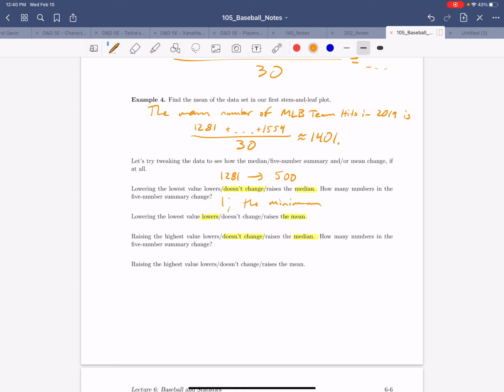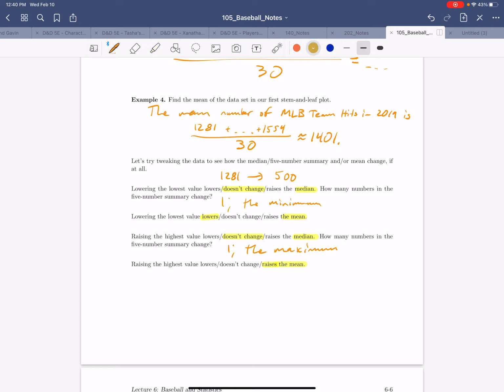The only thing that changes is the max. Raising the highest value, on the other hand, raises the mean, for the same reason that lowering the lowest value lowered it.